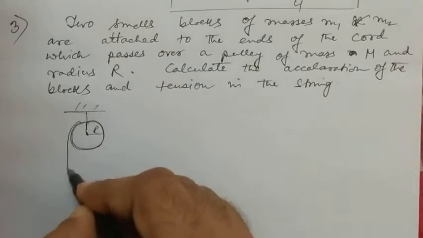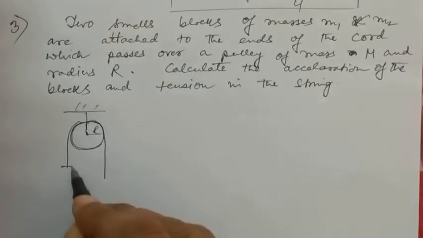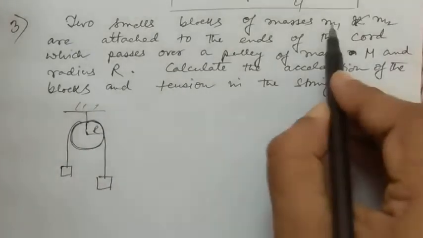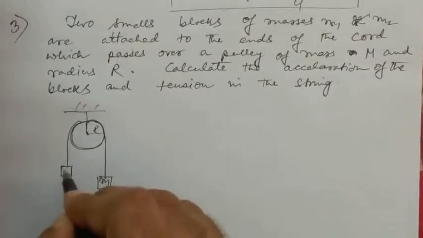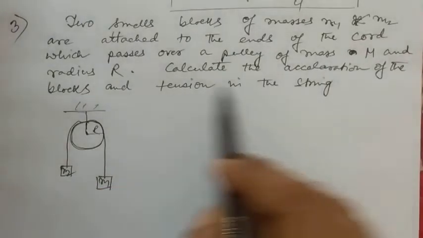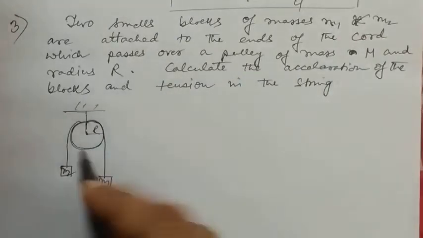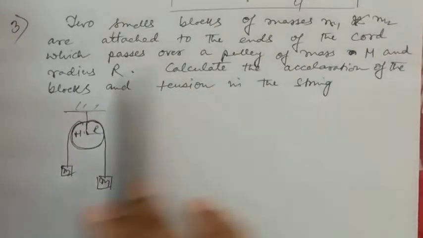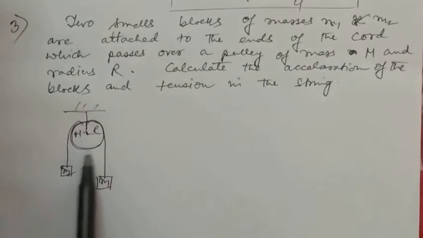The string passes over the pulley. Two blocks are hung: this is m1, and this is m2. The mass of this pulley is M. Now as the pulley has a mass M, it starts to rotate.